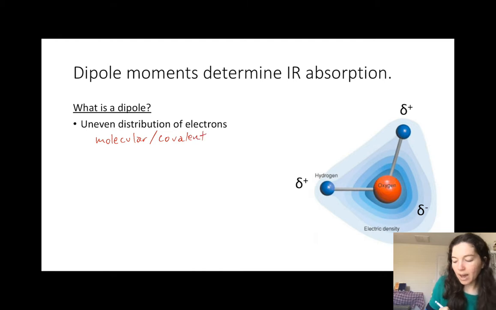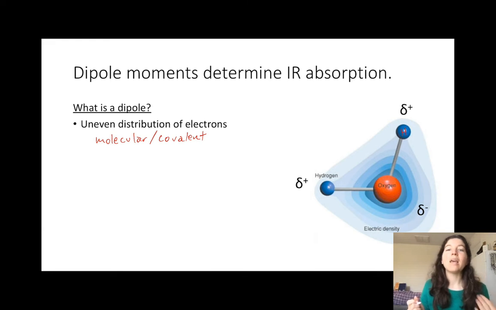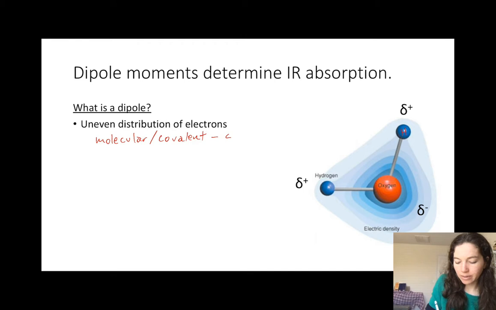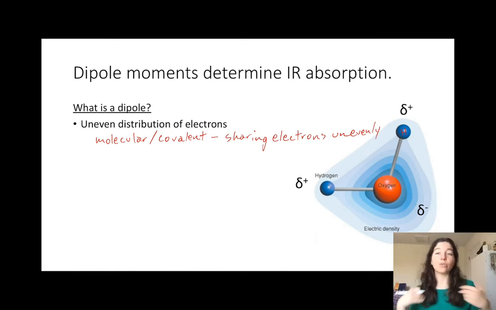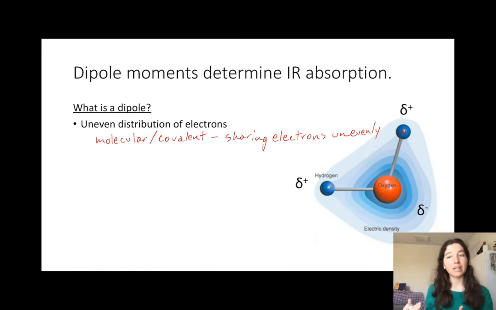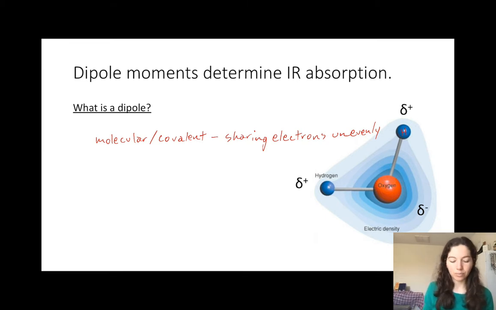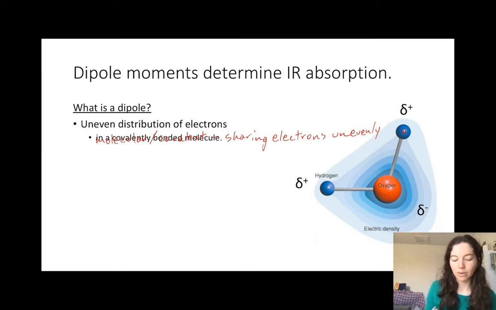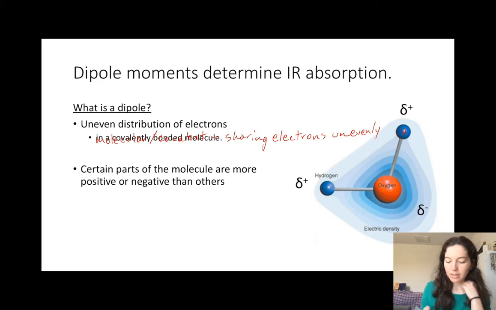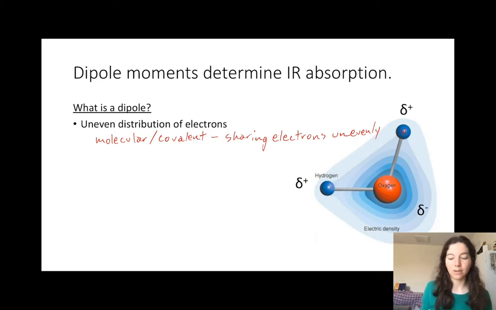This is where you have things like water molecules over here, where we have a hydrogen, oxygen, hydrogen, and these electrons are shared between the atoms. So they share electrons, sharing electrons unevenly. So when they're shared evenly, there's no dipole. When they're shared unevenly, there is a dipole. So in a covalently bonded molecule. All right, so hopefully you caught that there. Make sure you write that down.